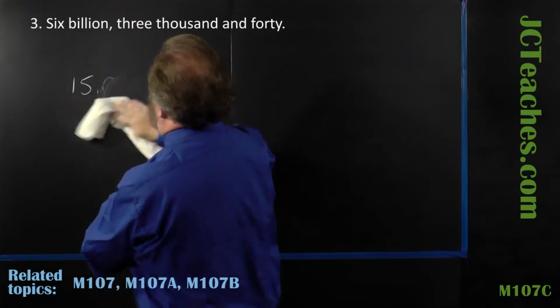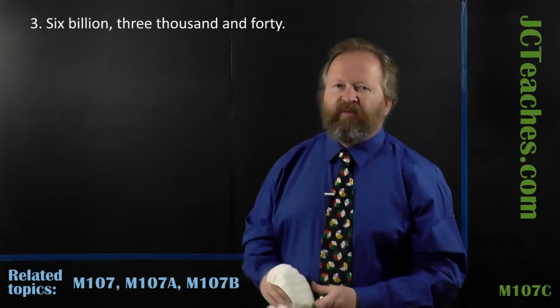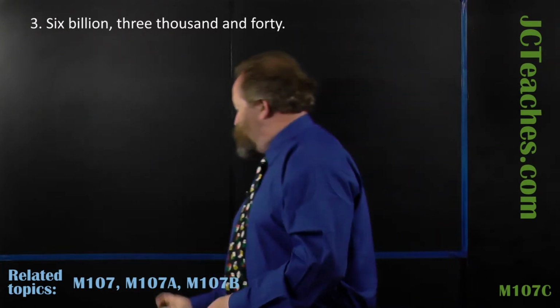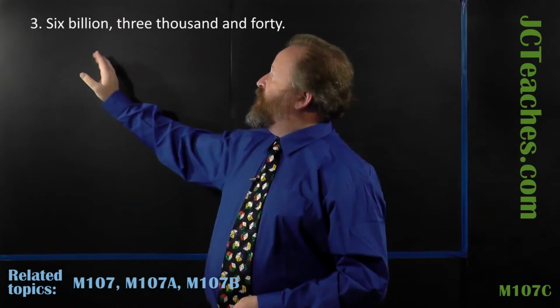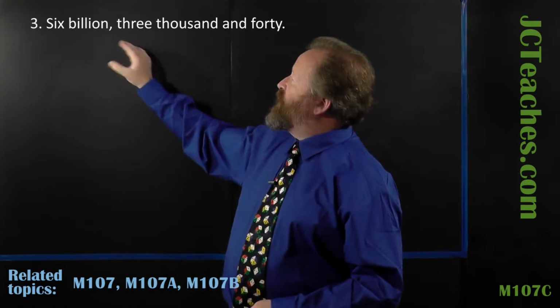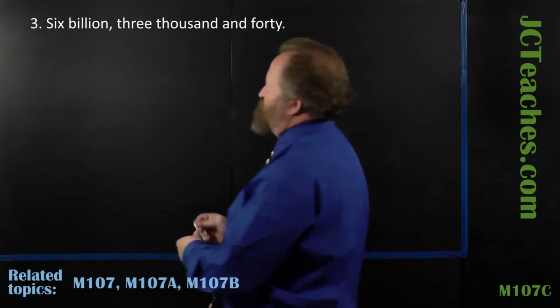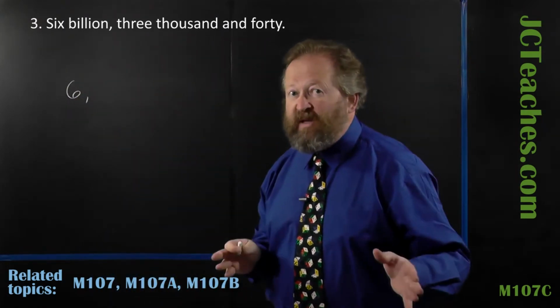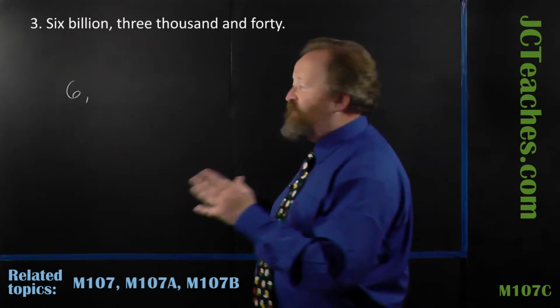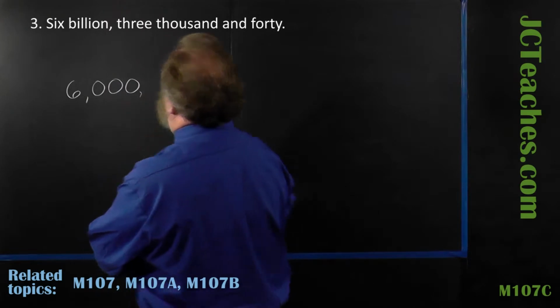Okay. Number 3. 6,003,040. Okay, we've got 6 billion, but millions, there aren't any. We go straight into thousands. So we've got our 6 billion. As you can see, after billions come millions. There aren't any, so we've got to say 0, 0, 0 for our millions.